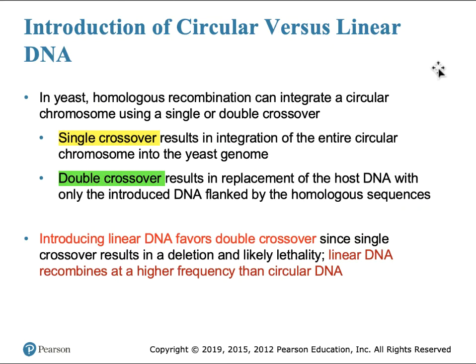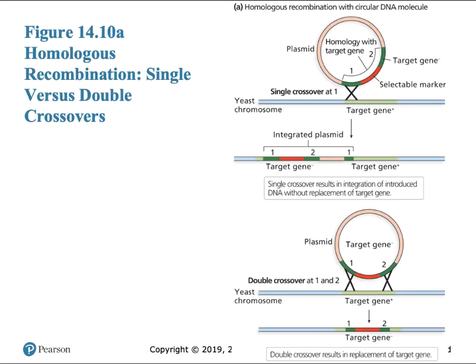Further, it depends on the structure of the two pieces of DNA as to what happens. If the exogenous DNA is linear, or if the exogenous DNA coming in is circular. In addition, it depends also on whether you have one single crossover event or multiple. Let's look at the example of a circular chromosome being integrated into an organism's internal chromosome.